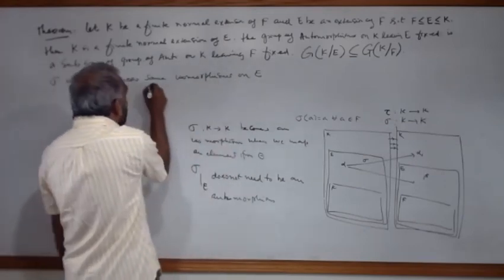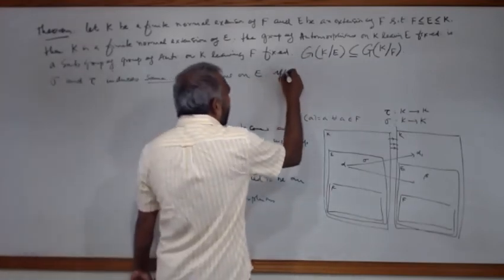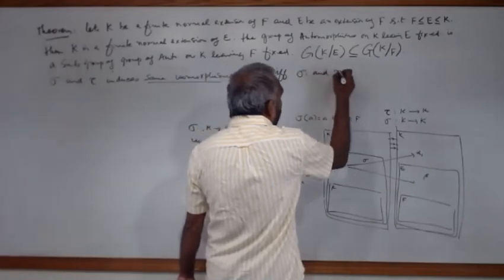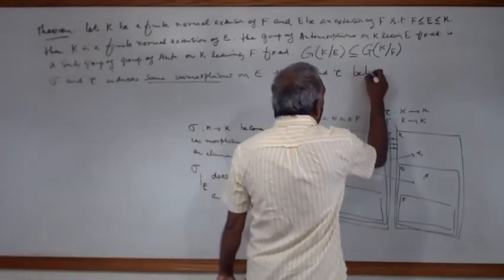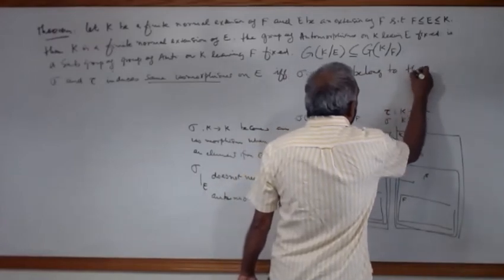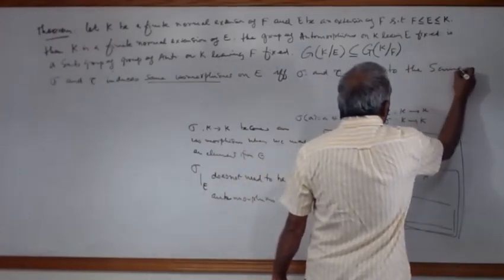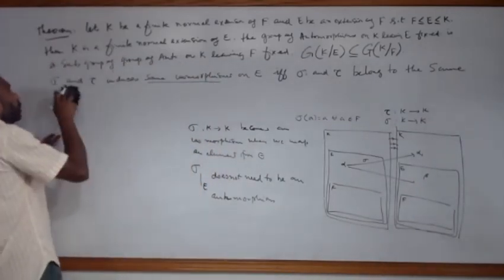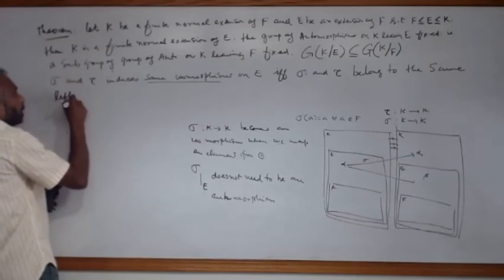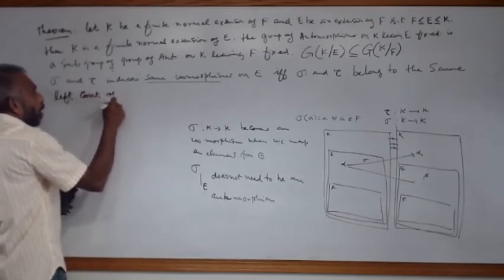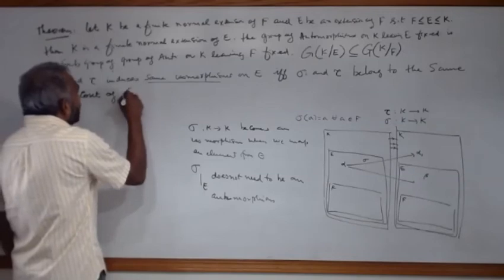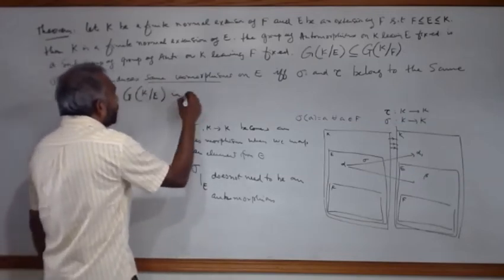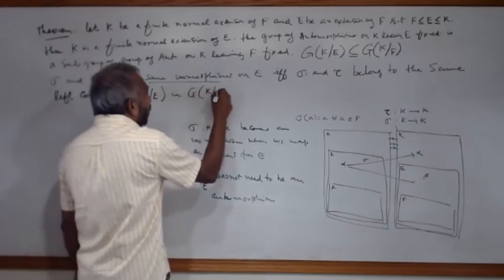So they induce the same isomorphism if and only if sigma and tau belong to the same, to be precise, left coset of G of K over E in G of K over F.